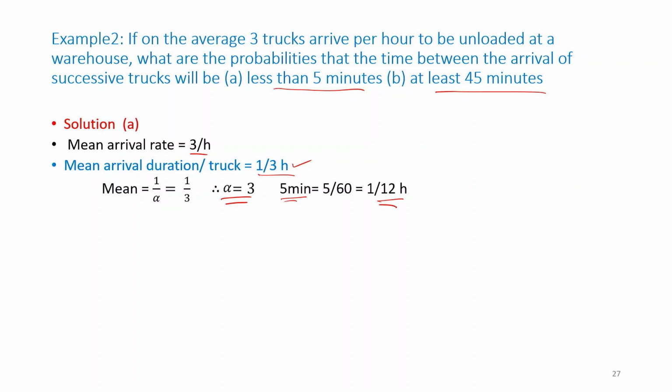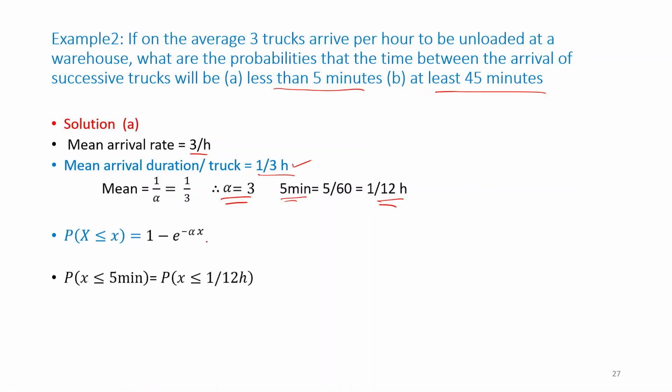So 5 minutes is equal to 1 by 12 hour. We have to be very careful about the units. If we take the average in terms of minutes, then everything should be calculated on the basis of minutes. If it is hour, we have to make sure that the units are all hour.